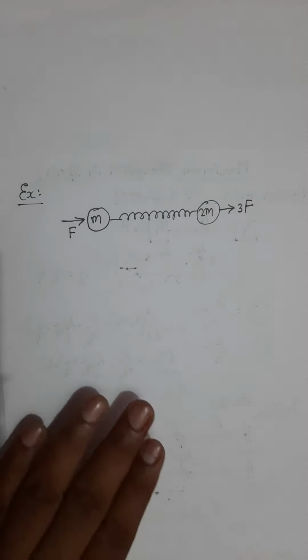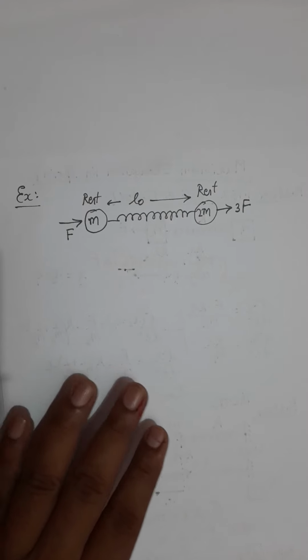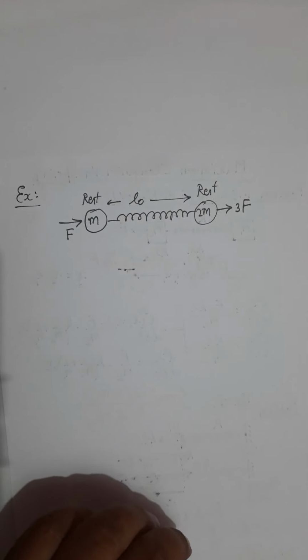We are applying forces on both masses. They both are at rest, and this spring is undeformed in the relaxed mode, having a length of L0. Now I want to find the maximum elongation.